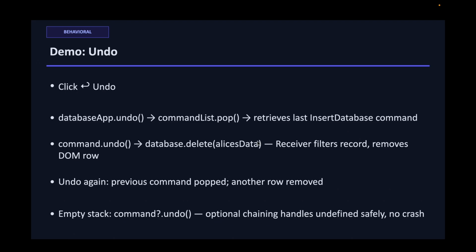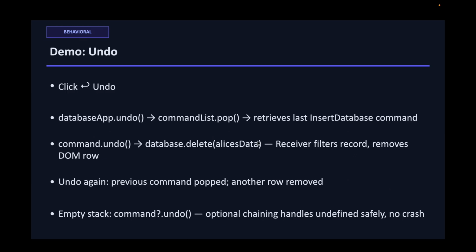If we click the undo button, once that is clicked, the database app will do an undo. That means the command list is popped. We get the last command, which is the insert database. So then on that command, we do an undo. In the insert database command, that will mean that's the database delete. So then it filters all the records and removes that row.